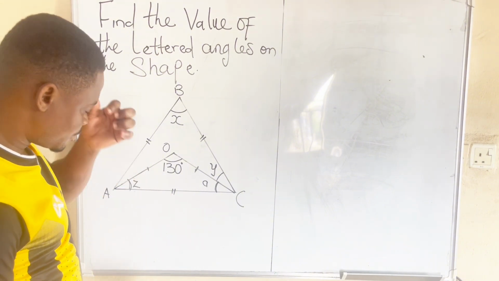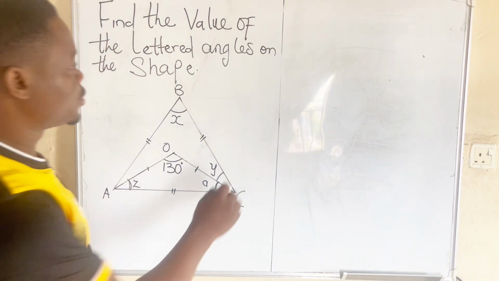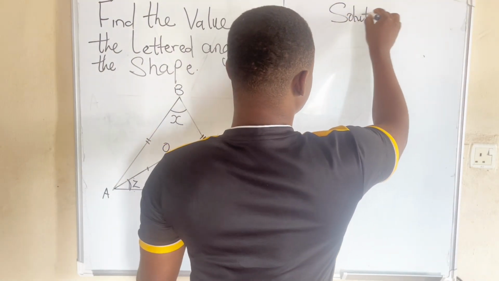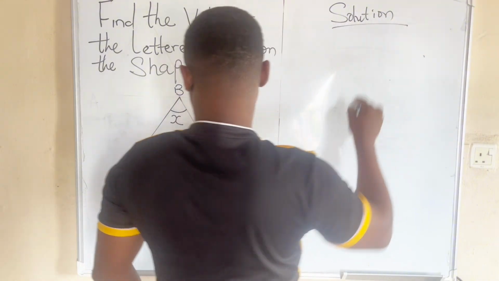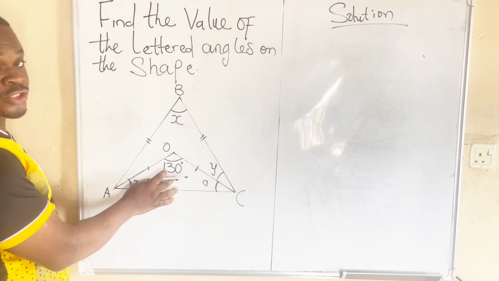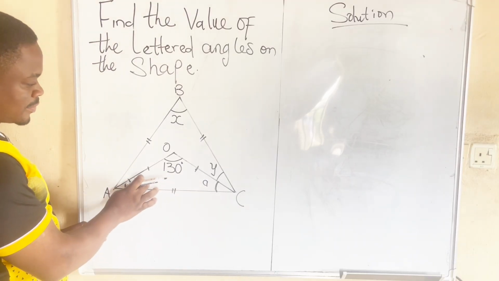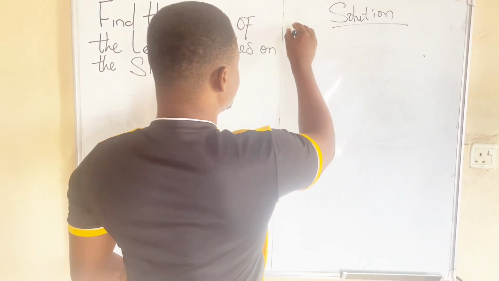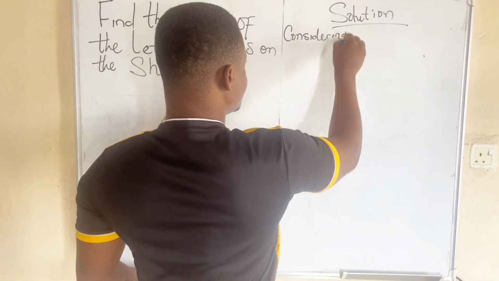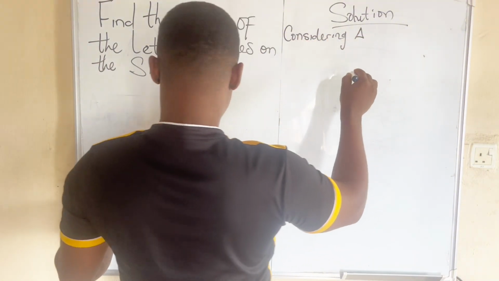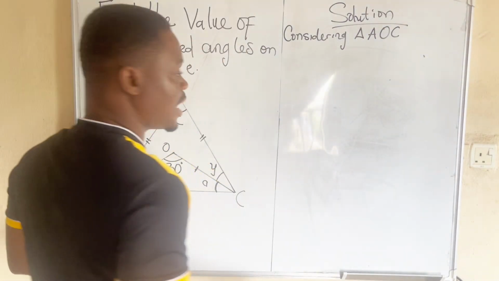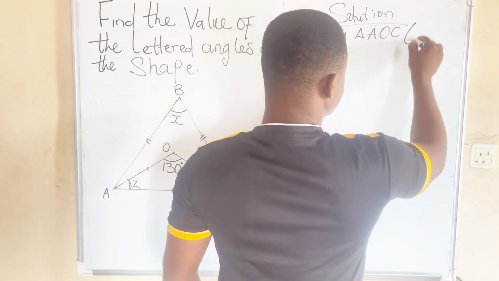So to do this solution, let's consider the triangle inside in order to get the value of A. Considering triangle AOC, which is isosceles.